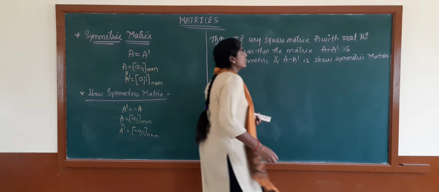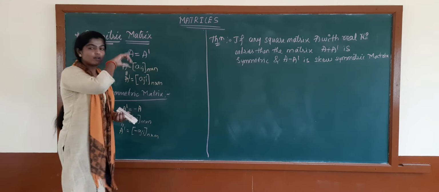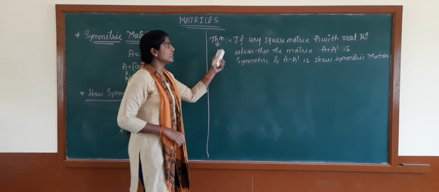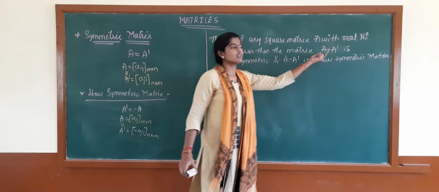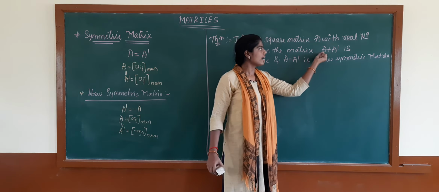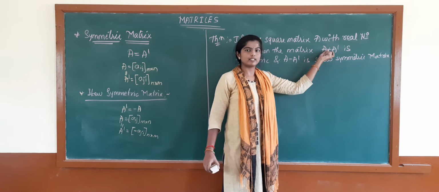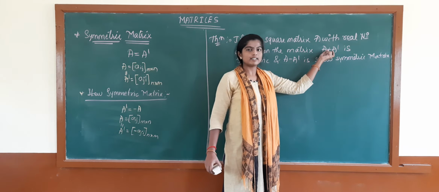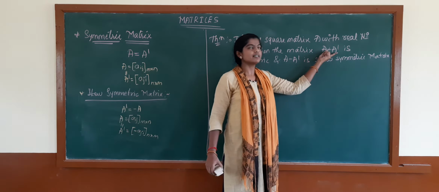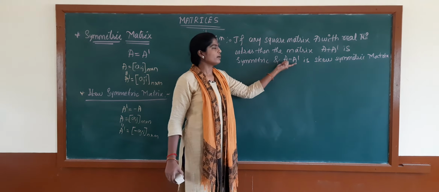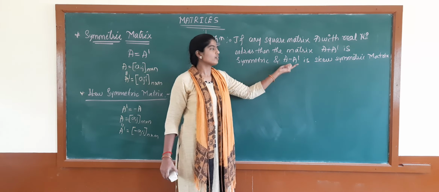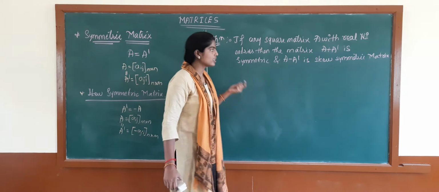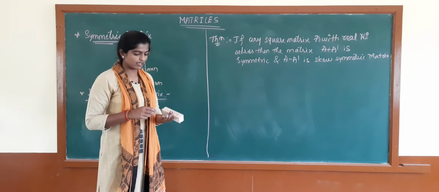So what is given? A matrix A with real entries. If you add matrix A and the transpose of A, this is also a symmetric matrix, and if you subtract A transpose from A, we get a skew symmetric matrix. So we have to prove this theorem.